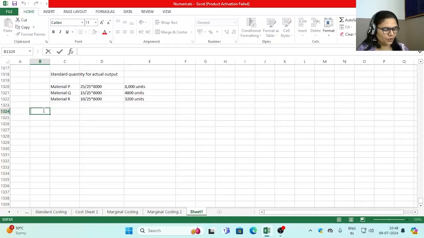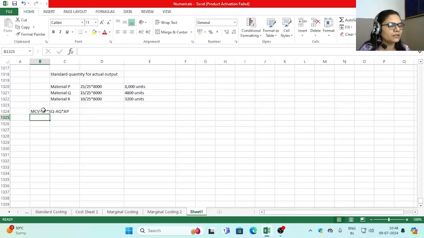We know the formula of material cost variance is equal to standard price into standard quantity minus actual quantity into actual price. Next is material price variance is equal to standard price into actual quantity minus actual price into actual quantity.